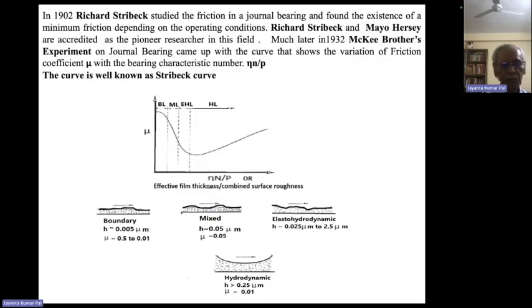So this is boundary lubrication, where the surfaces are very close together, but probably not meeting each other.